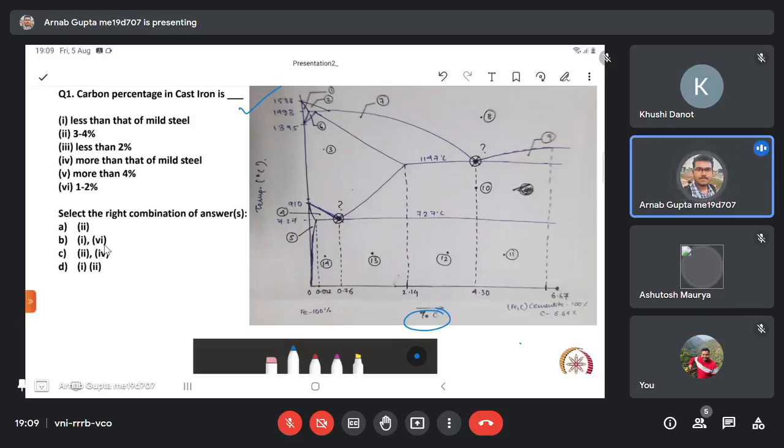It's a basic question from material science, so I'm expecting an answer from your end. What is the percentage of carbon for steel, the range of carbon percentage, and for cast iron, what are the ranges? Anyone?